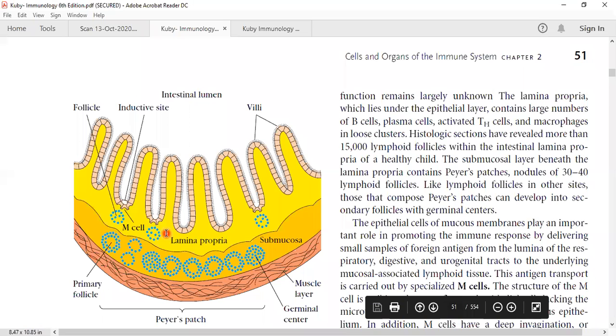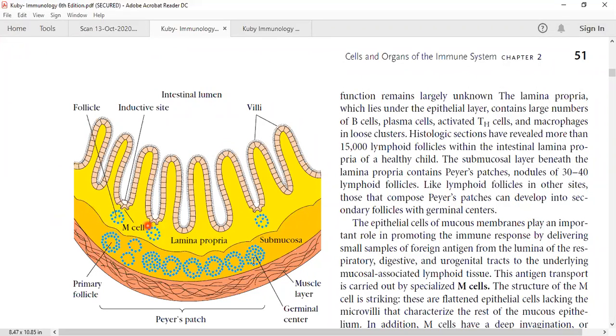They help in transporting the antigen. Suppose we eat some antigen in our food or drink it in water. The antigen will move through these M cells into the lamina propria region, which is present behind this mucous membrane. This lamina propria region has follicles which are very scattered and have a low number of cells, but it can still mount an immune response.